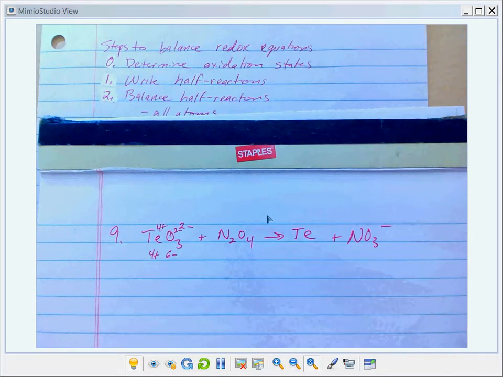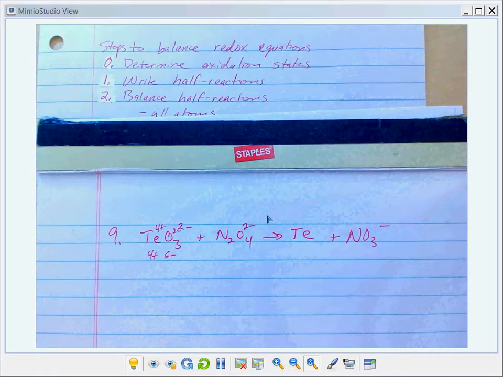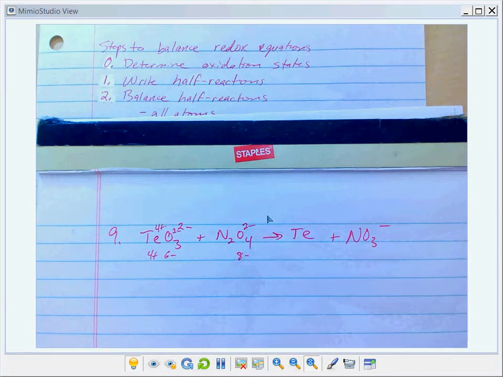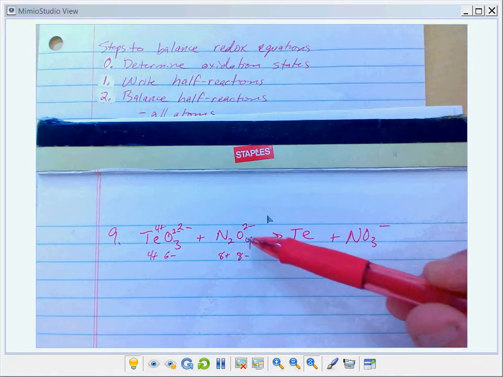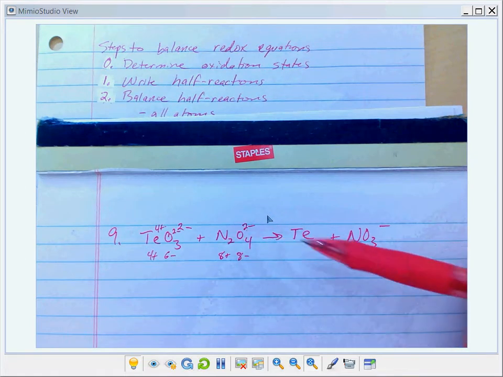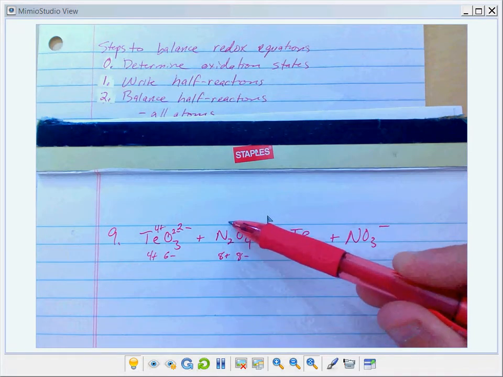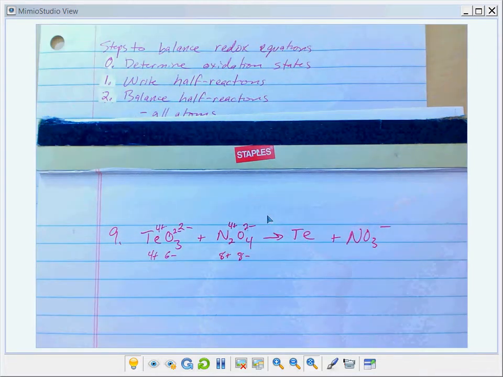Oxygen is the more electronegative atom, so oxygen gets a 2- charge, or oxidation state actually. And there's 4 oxygens, so this whole side's 8-. This whole side has to be 8+ because the entire chemical is neutral. And so that 8+ has to be divided over 2 nitrogen atoms, so each of the nitrogens is 4+.